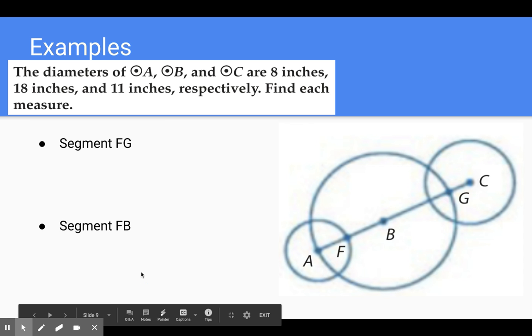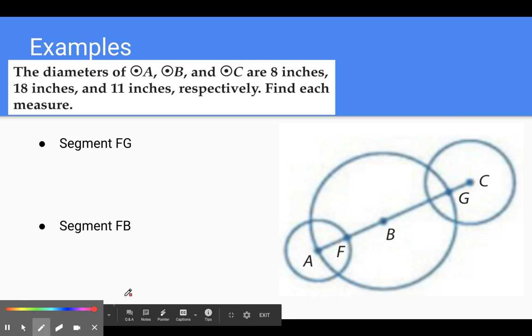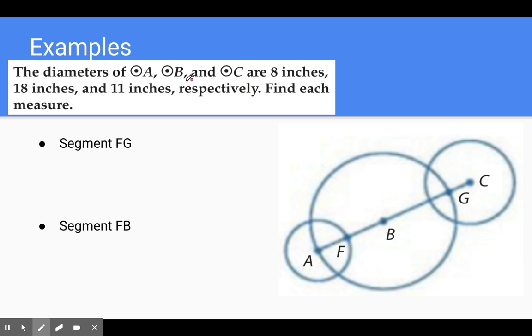Okay, some more examples talking about just the diameters and radius, and finding new lengths there. The diameters of circles A, B, and C are 8 inches, 18 inches, and 11 inches respectively. So that means for circle A, the diameter, the entire length of circle A, is going to be 8 inches.